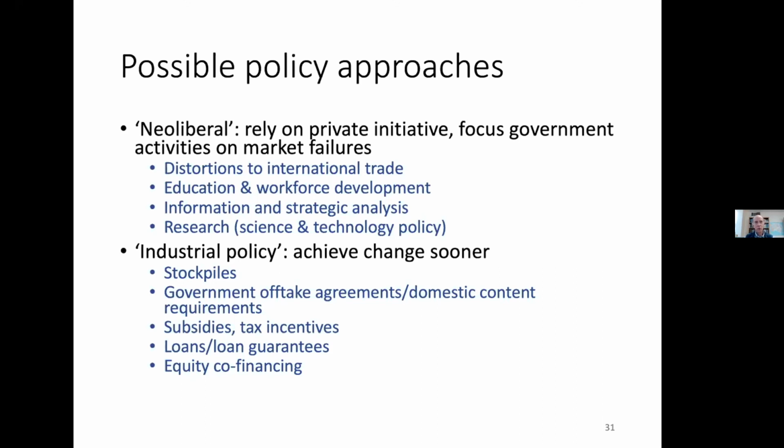Nothing happens quickly with government policy in the first category, whereas certain government actions can achieve change more quickly, whether it's through stockpiles, government offtake agreements, or domestic content requirements for public purchases, subsidies, tax incentives, loans, loan guarantees, even equity co-financing for critical mineral investments.